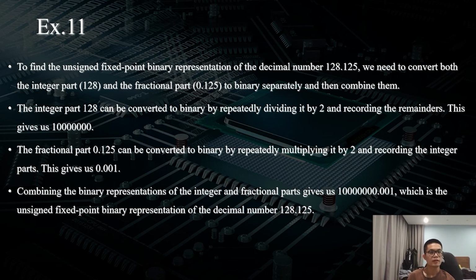The second part is the fractional part, 0.125, which can be converted to binary by repeatedly multiplying it by 2 and recording the integer part. This gives us 0.001.